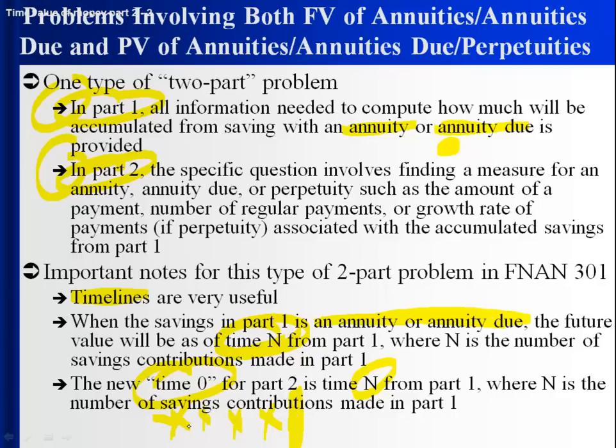So even though they're going to be at time 0, 1, 2, and 3, time 4 would become our new time 0 because we'll know how much we have at time 4. So the number of payments from part 1 serves as a pivot point on our timeline. It's when we have our future value, and it is in part 2 our new time 0.